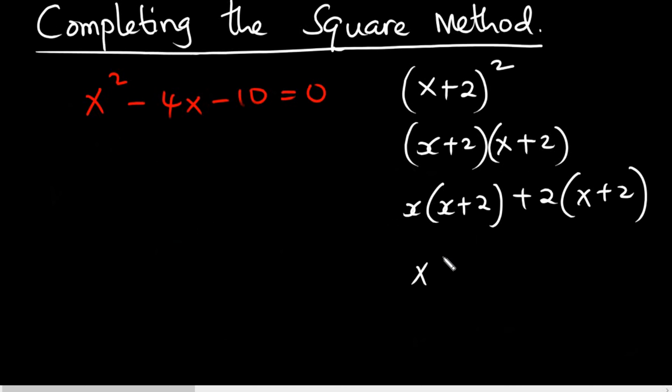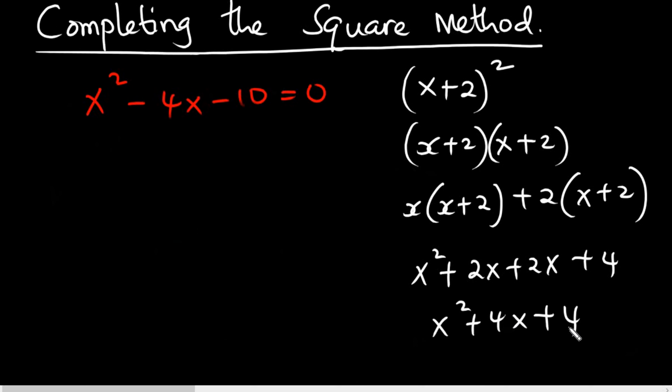So this is x squared plus 2x plus 2x plus 4. So this is x squared plus 4x plus 4. So this is now a perfect square. It is the square of x plus 2.